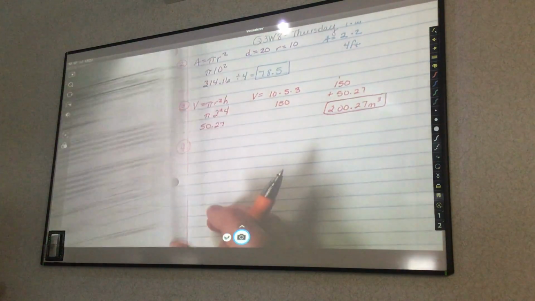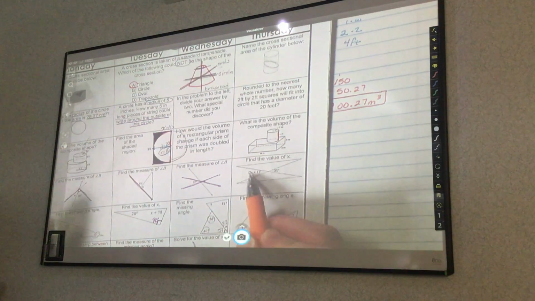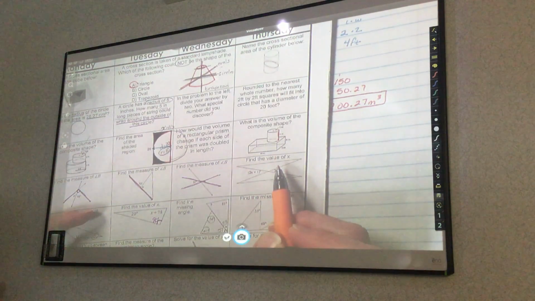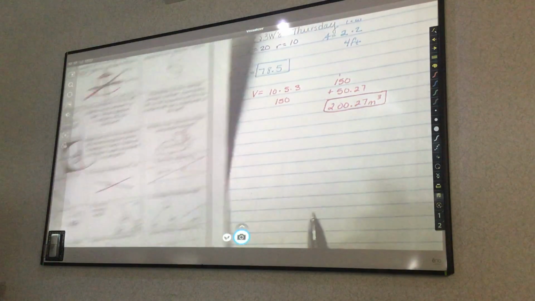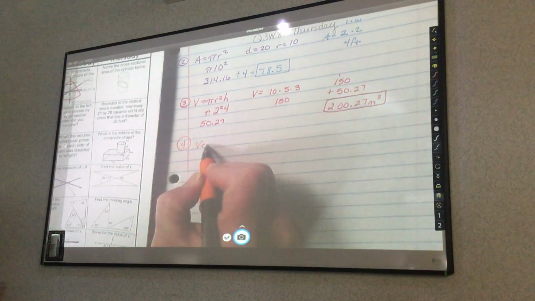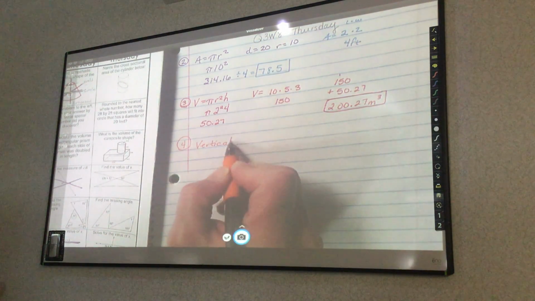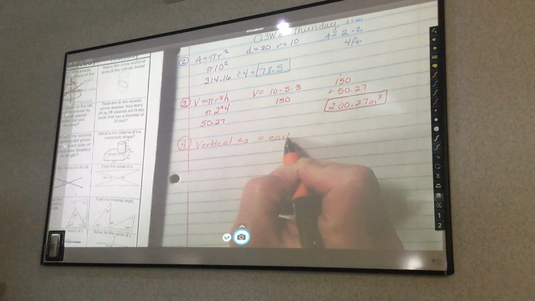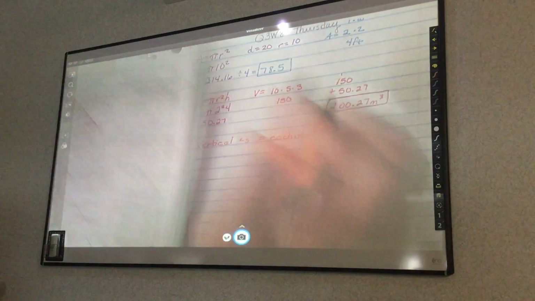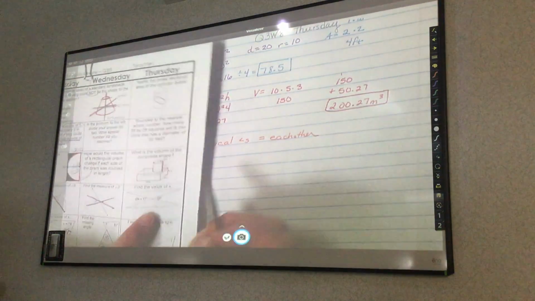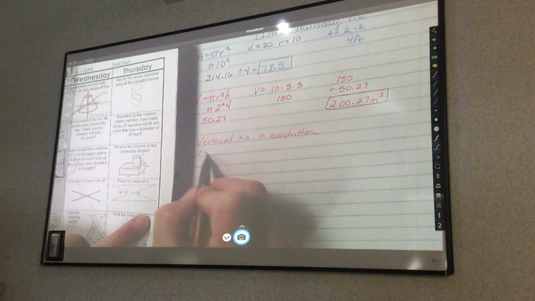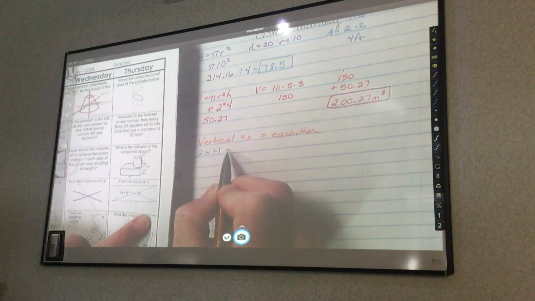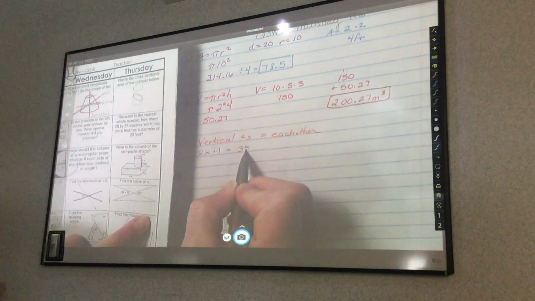What's so special about these two angles? What are they called? Vertical. So vertical angles equal each other. So then the one angle is 2x plus 1 equals 35.